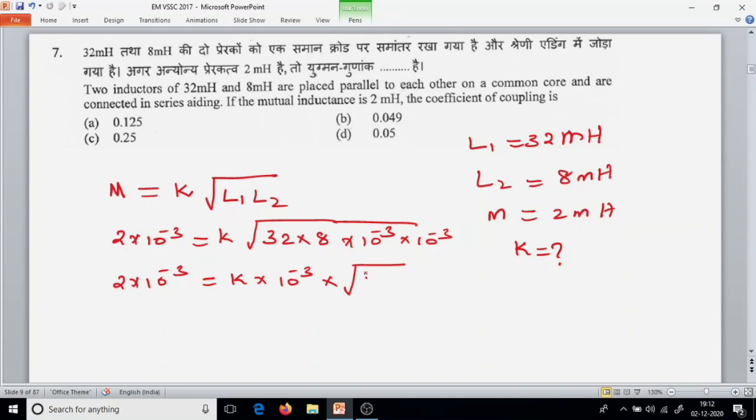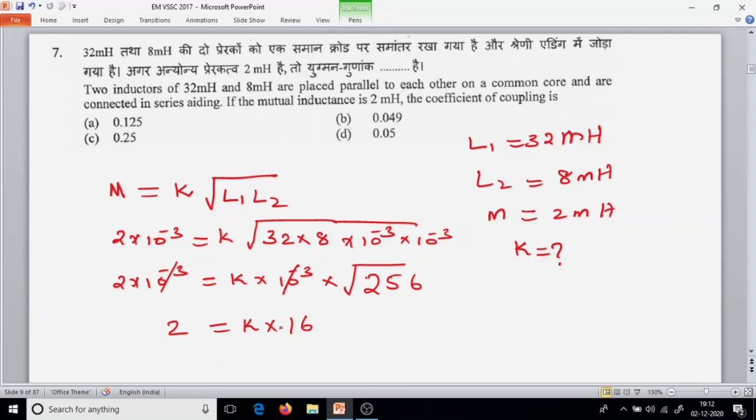32 multiplied by 8 equal to 256. It's a perfect square, square root of 256 equal to 16. So minus 3 cancels. 2 equals K multiplied by 16.